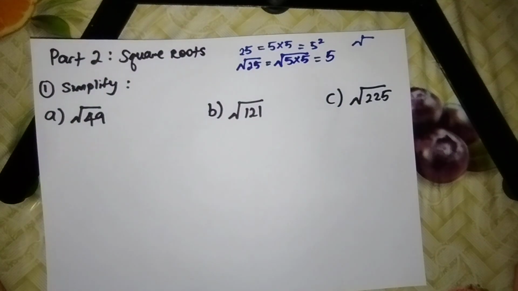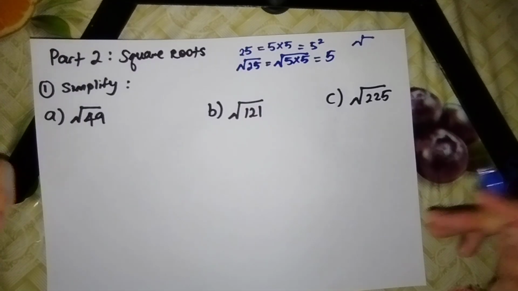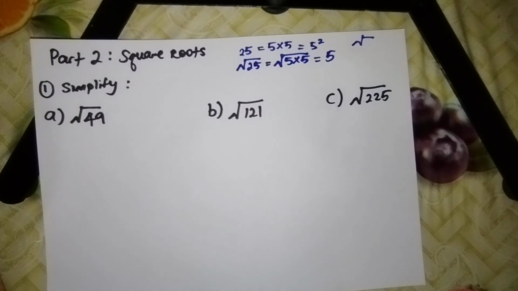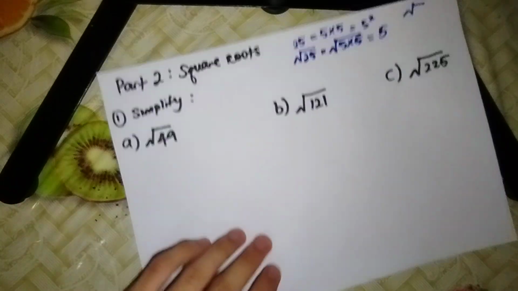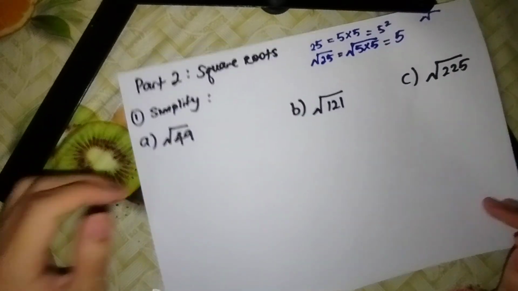And keep in mind that square roots and squares work very smoothly when they are perfect squares, or else you have something called non-perfect squares, which we'll discuss very briefly. So how do we resolve the square root of 49?